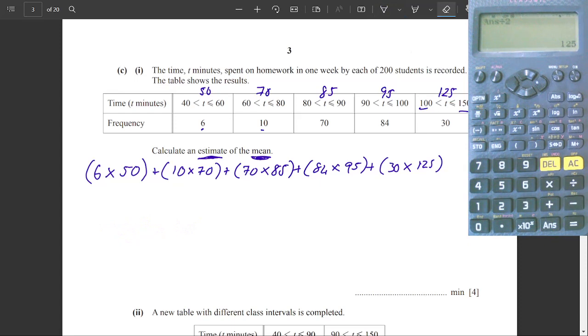Okay, that will give us the total time all the students added together spent on their homework. That means we need to divide it by the total amount of students, 200. So let's put that into our calculator.